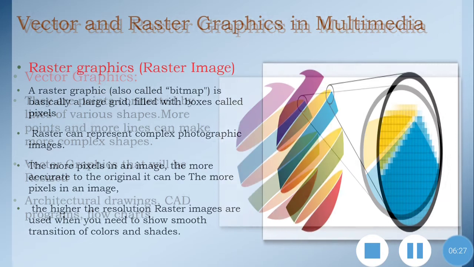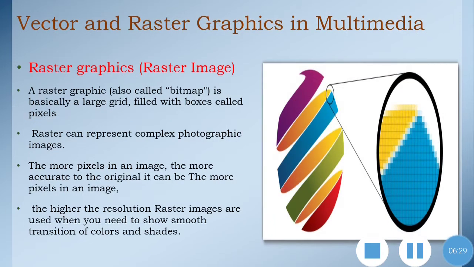The next, raster graphics. Raster graphics are also called raster images. A raster graphic, also called a bitmap, is basically a large grid file filled with boxes called pixels.